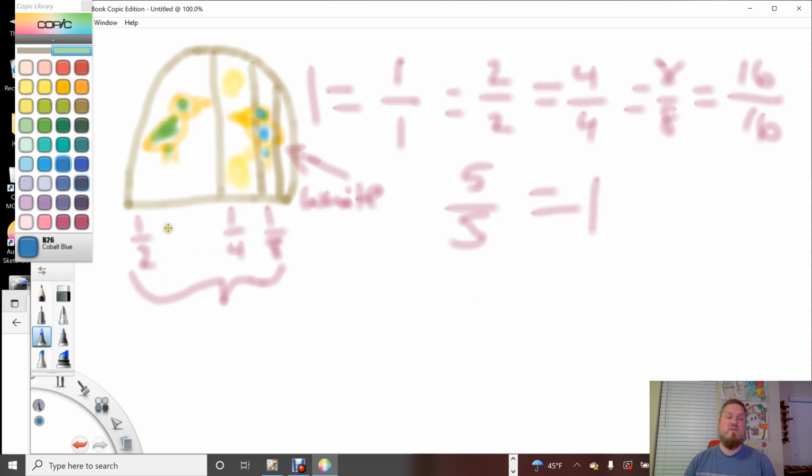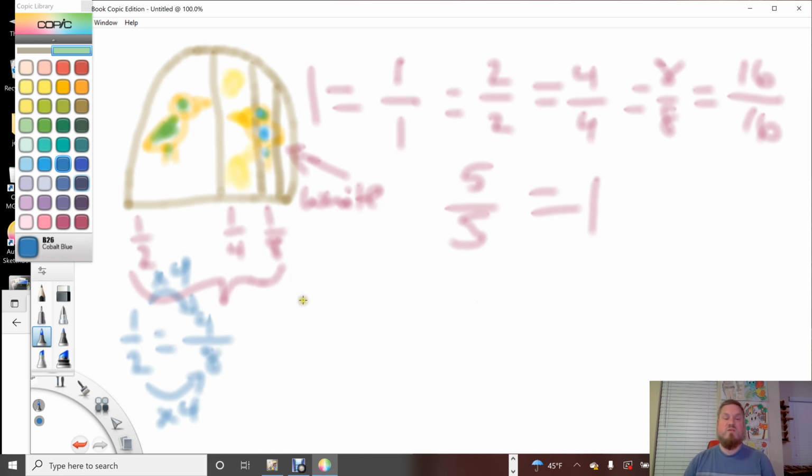So 1/2, if we increase it to 8s, it's going to be times 4 for each, the top and the bottom. So 1 times 4 is 4, 2 times 4 is 8. 4/8 is the same as 1/2.